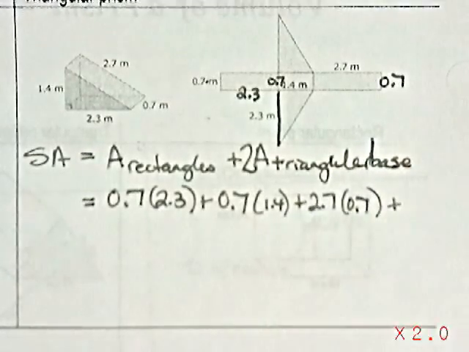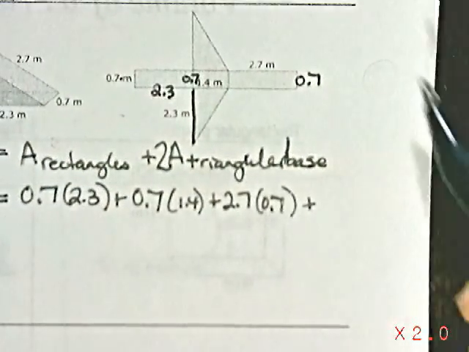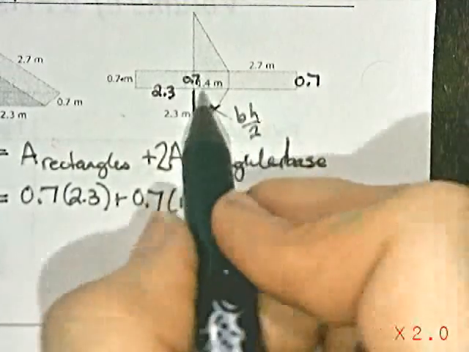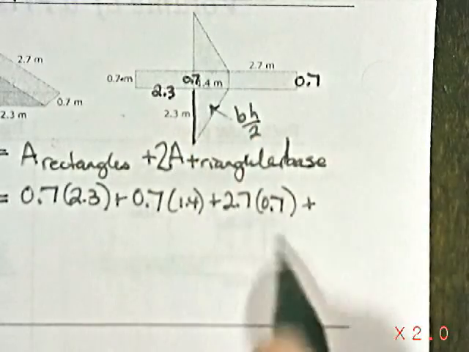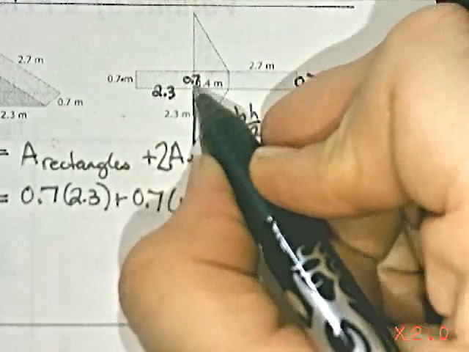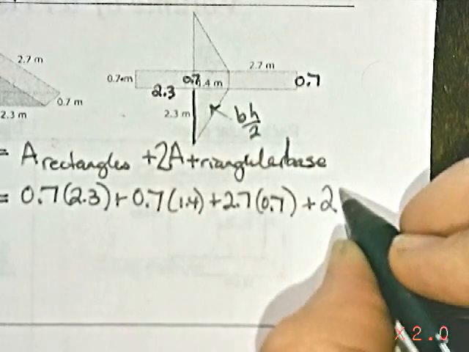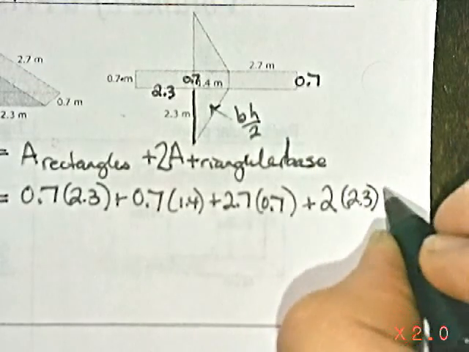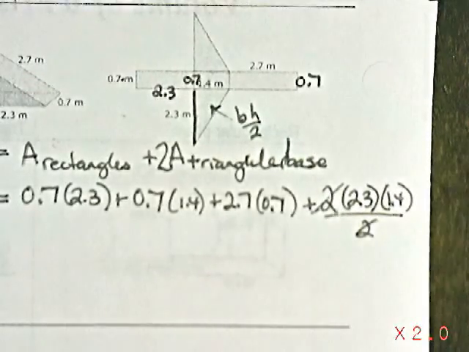And then I'm going to have 2 of my triangles, and the area of a triangle is base times height divided by 2. And so it doesn't matter whether we think of this as the base and this as the height, or if we turn our page and think of this as the base and this as the height. We're going to have 2 of our triangles, so 2 of my base times height, so that 2.3 times the 1.4, all divided by 2. So these 2's cancel out.